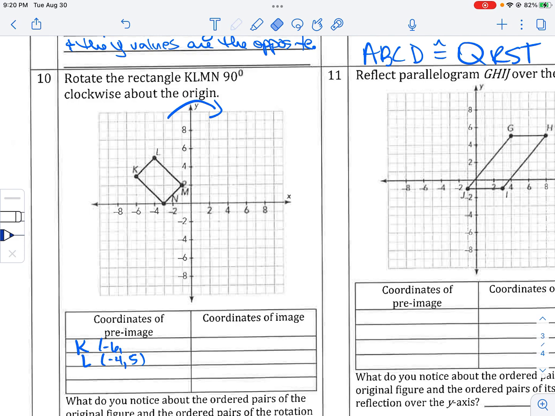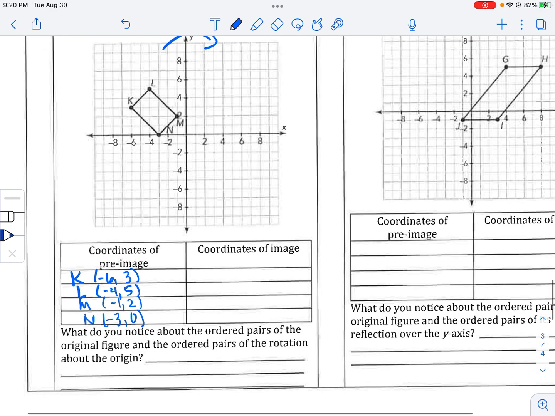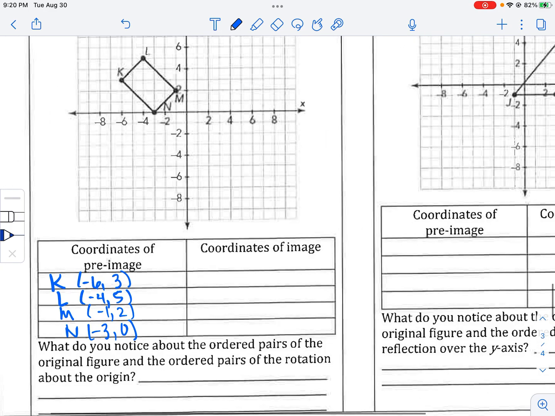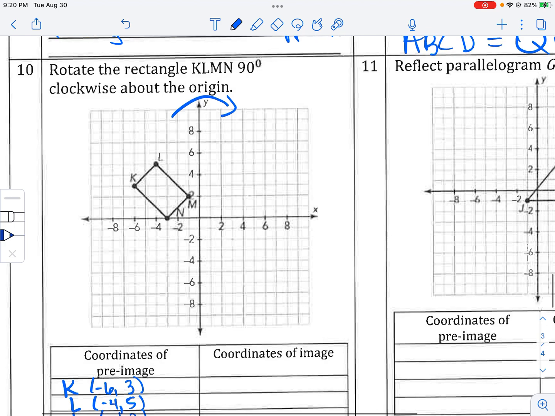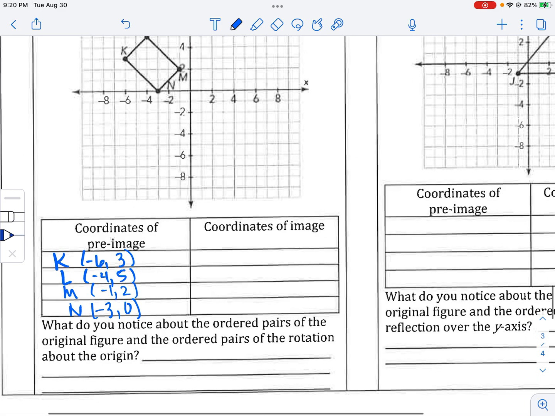This is a 3. M is negative 1, 2, and N is negative 3, 0. Okay, so I'm going to switch them, and they're going 90 degrees. So this is positive, positive. So all my answers are positive.